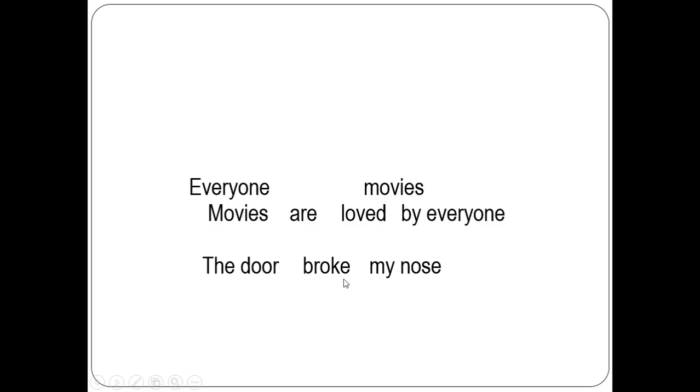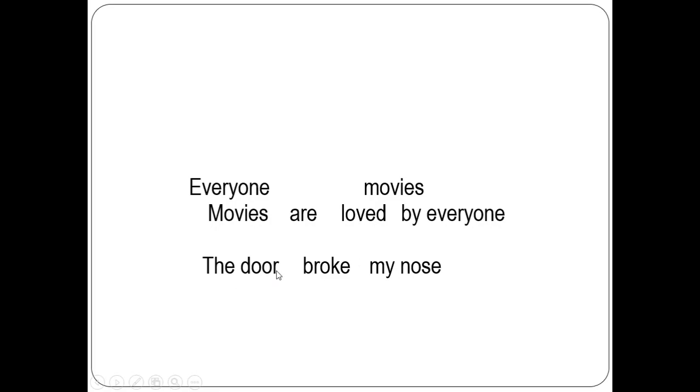There's the verb broke, which is in the simple past, and here's the noun phrase my nose. So you can see that the object is a person, particularly a part of the human body. And so do not necessarily equate subjecthood with a person and objecthood with a thing, because the terms subjecthood and objecthood are really just syntactic terms.